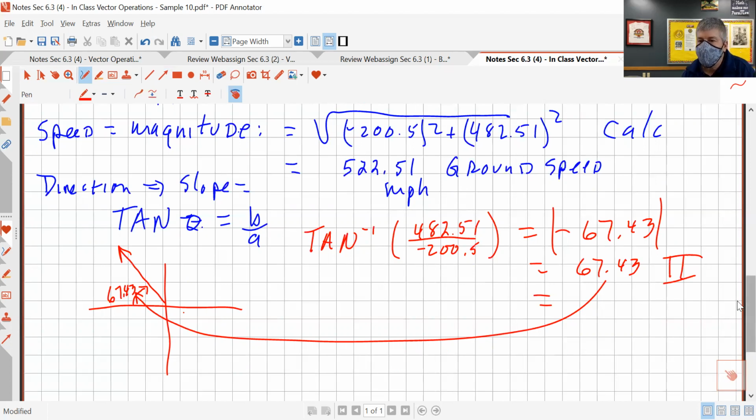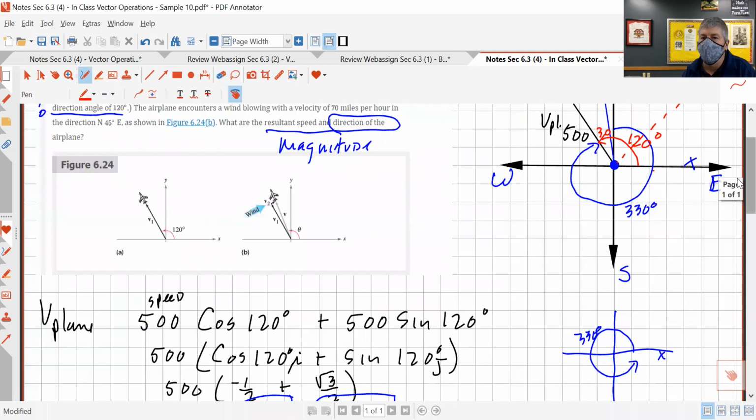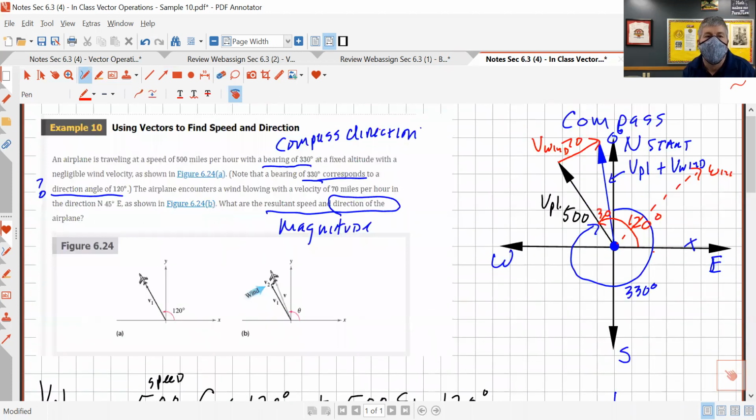Okay. Which means my airplane is getting pushed this way. That's 67.43. So 180 minus 67.43 is 112.57 degrees.